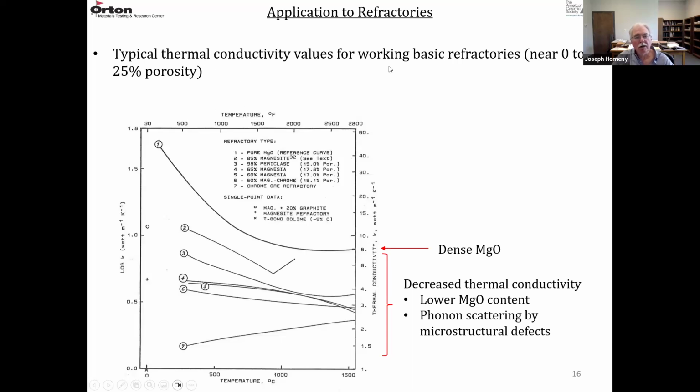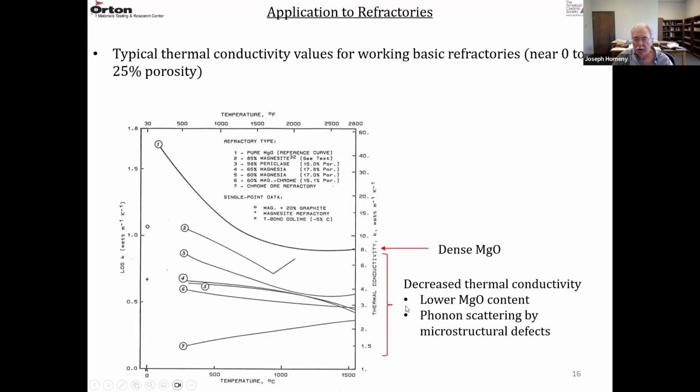So thermal conductivity for basic refractories. These materials normally have, let's say 0 to 25% porosity, usually 10 to 25%. So this is the log of conductivity versus temperature in degrees C, degrees F. And this is thermal conductivity on a log type scale. So this first one is dense MgO that has the highest thermal conductivity.